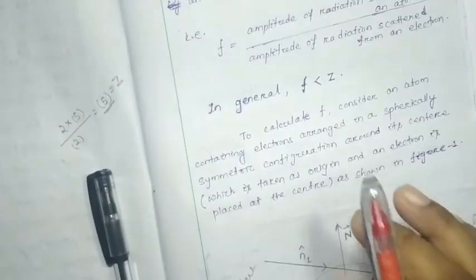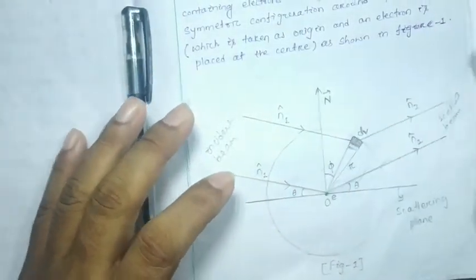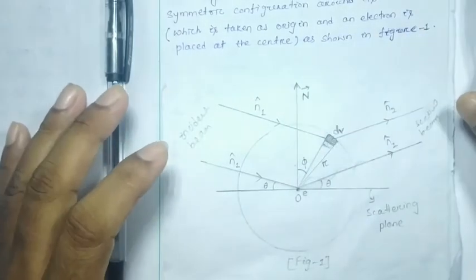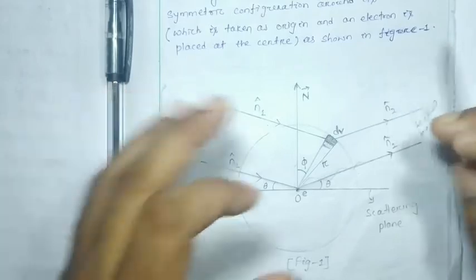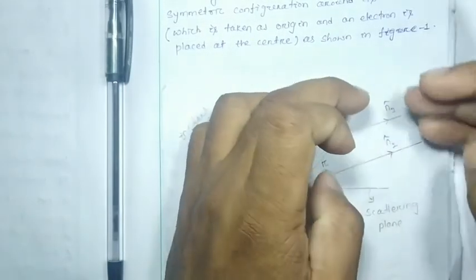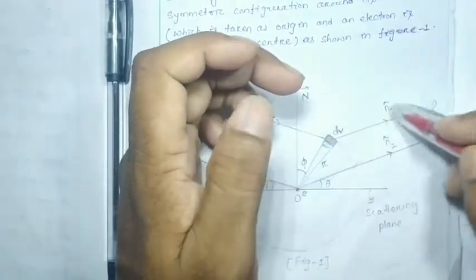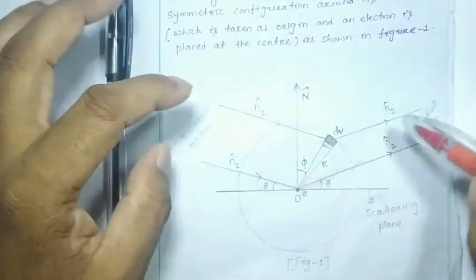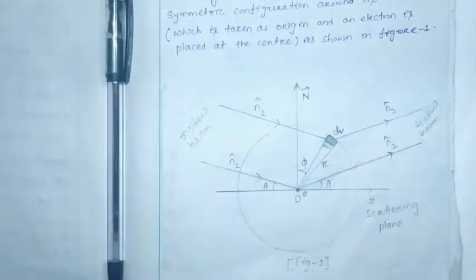That means you just imagine that this is the atom, and how much intensity we get when it scatters the beams. So these are the two beams. What will be the intensity after constructive interference? What will be the interference of these scattered beams when the incident X-ray interacts with an atom?